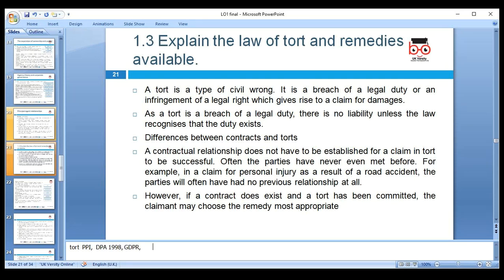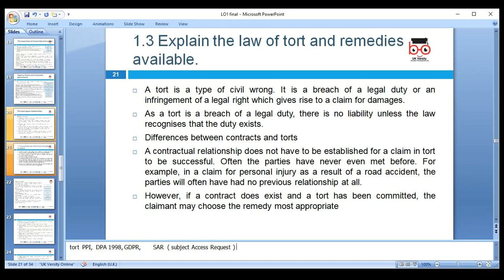What is the process? Do we know? Has anybody heard about SAR? Have you ever got a SAR for your clients? No. SAR is called a subject access request.